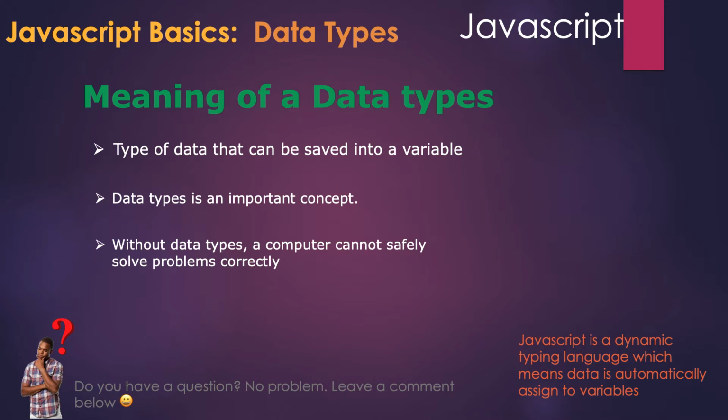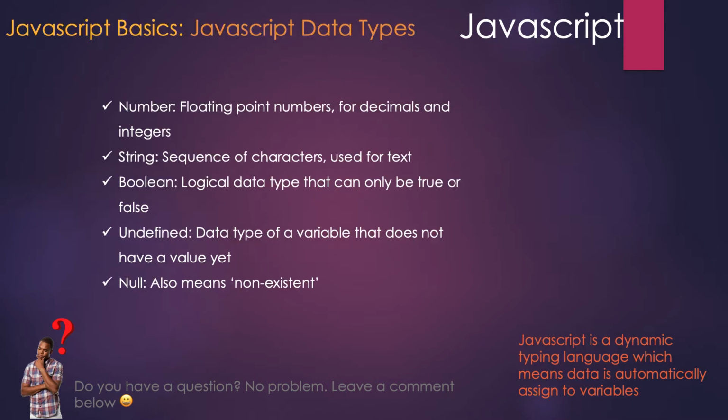That is what we are going to do today. Number 3 says that without data types, a computer cannot safely solve problems correctly. Okay, this is theoretical. Now let's move on and see how we can go about that.